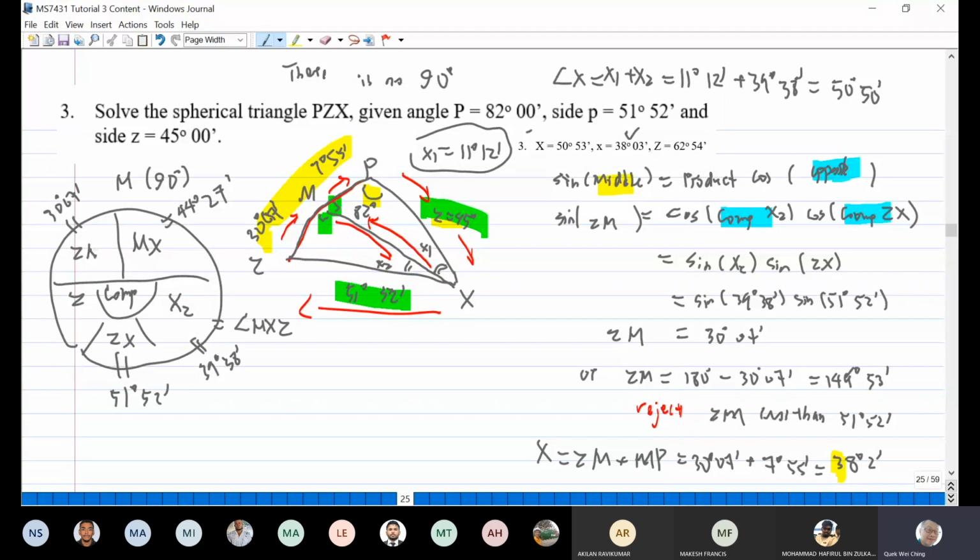Okay, I want the yellow to be here, that I want to find. Since I use the cosine, let me try the cosine again.